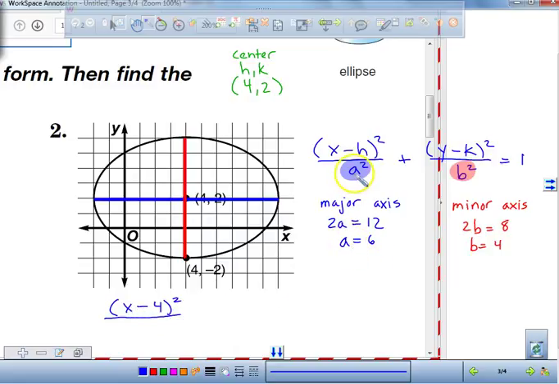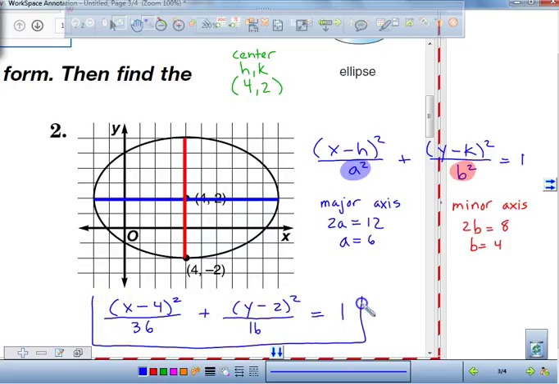Take our A value, and we square it to get 36. Plus y minus our k value, which is 2, over our b squared. Our b value is 4, so b squared is 16, and that equals 1.